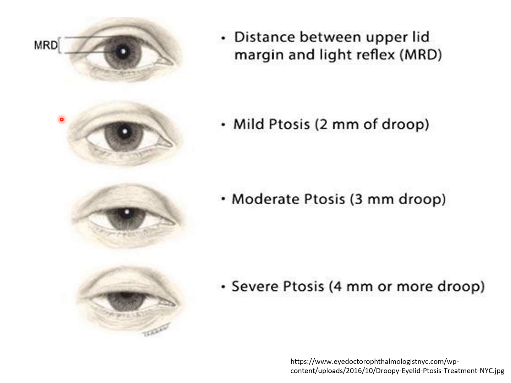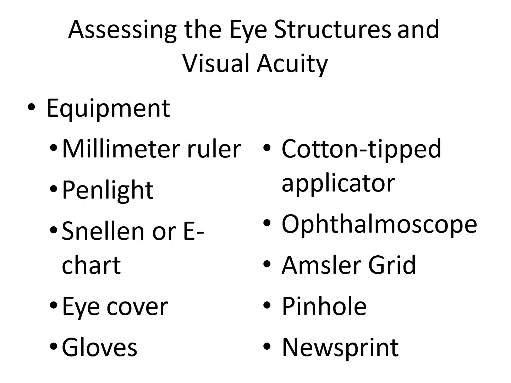A ptosis can be considered mild if the drop of the eyelid is about 1 to 2 millimeters. For moderate ptosis, it's about 3 millimeters of droop, and severe ptosis if it actually covers half of the eyes, or about 4 millimeters of droop or even more.